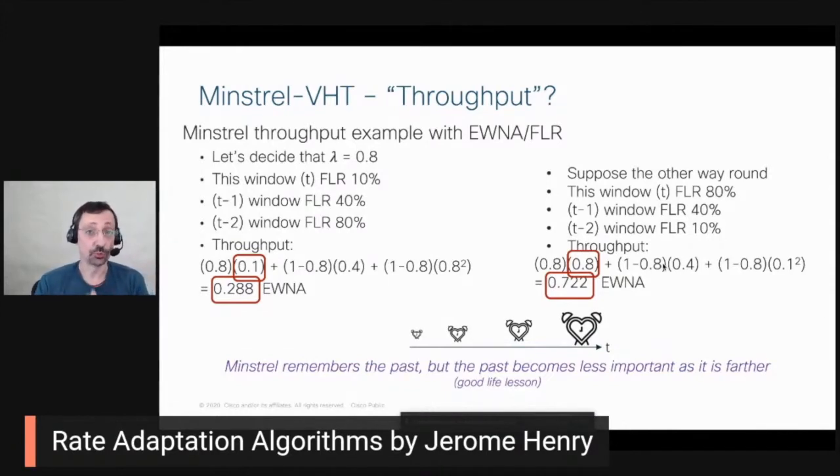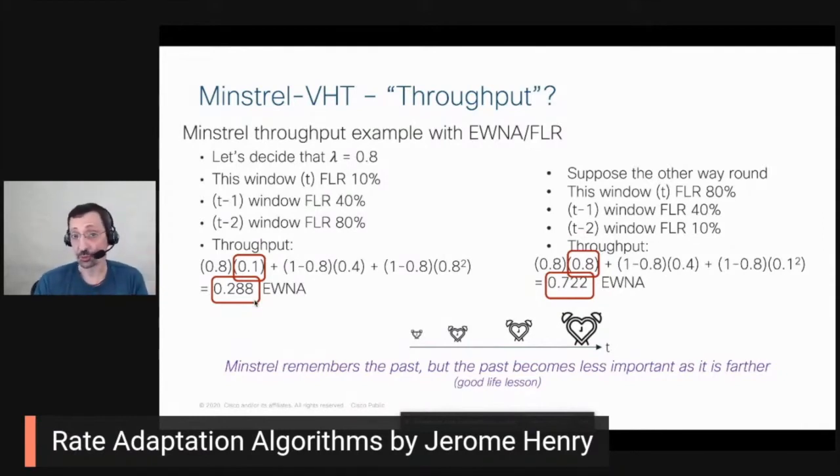So when you compute the loss for that, doing the same math as you see on the right side, you end up saying, yeah, really my UNA loss here is 0.722. It's not 80%, it's 72%. So you see the logic: by using UNA and accounting for what happened before, what you're effectively doing is computing the loss for this window, but you're also remembering how the previous windows were making things slightly different, maybe better, maybe worse.